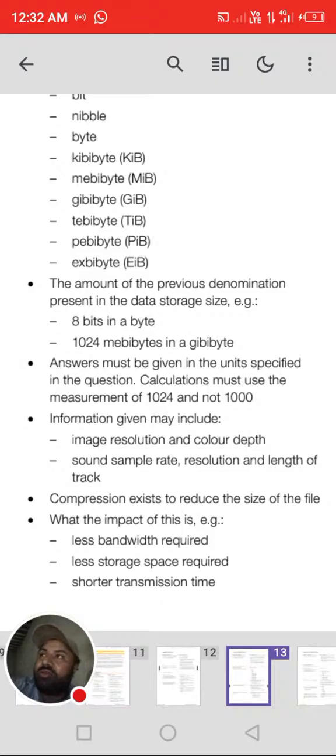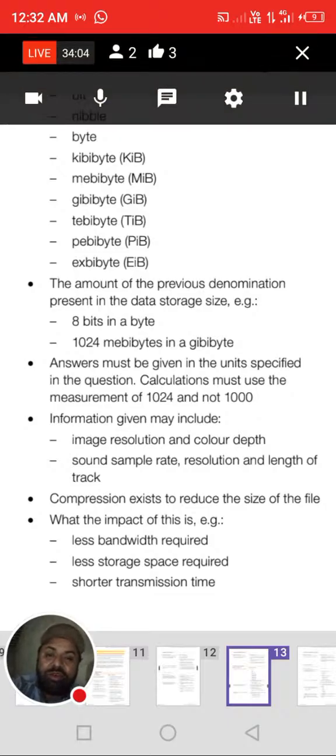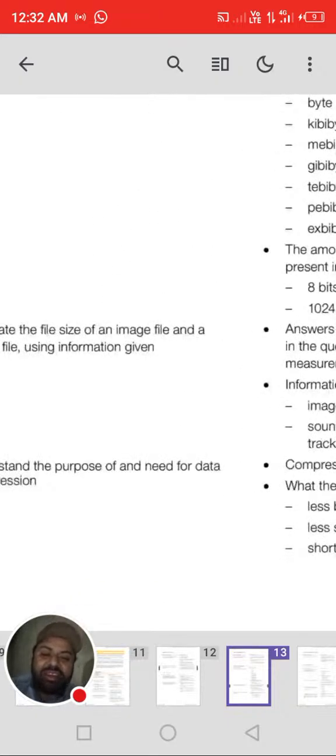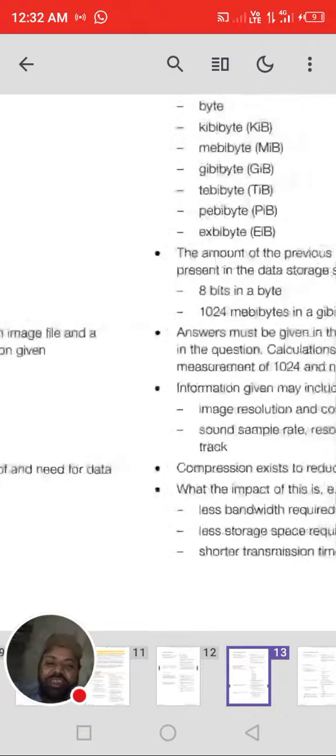When we say 2 to the power 10, it is equal to 1024 and not 1000. Students, this is very important for conversion. One kilo in decimal is 1000, but in binary it is equivalent to 1024, an important concept to consider.